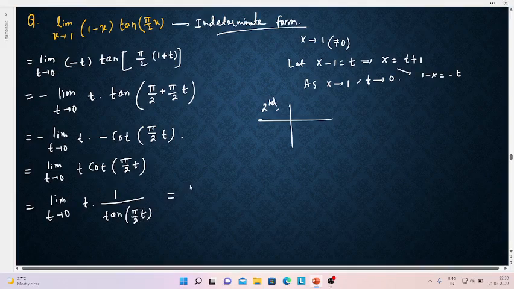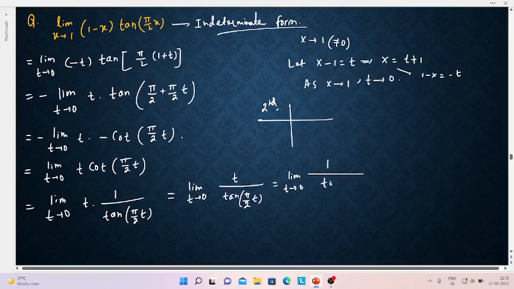So now you can see that that is nothing but limit t tends to 0, t over tan pi by 2 times t, right? So that can be written as limit t tends to 0, 1 over tan pi by 2 times t over t, right?